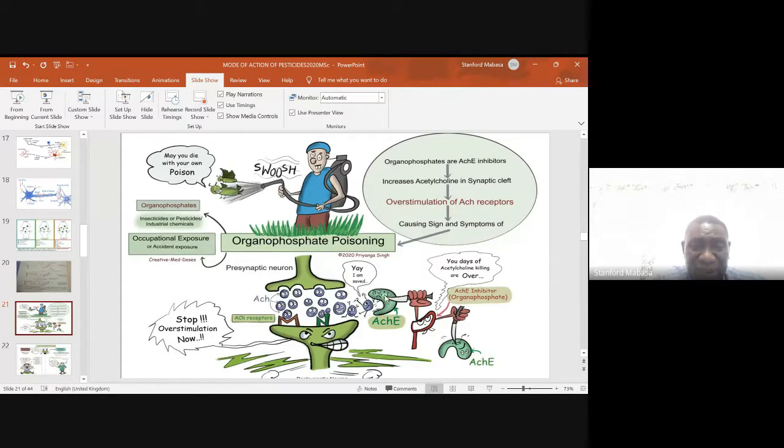And this is probably our enzyme, ACHE, and this is our organophosphate, which is being demonstrated like this, which is actually killing the ACHE.